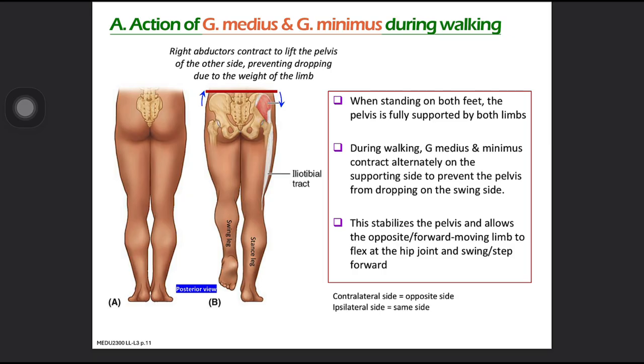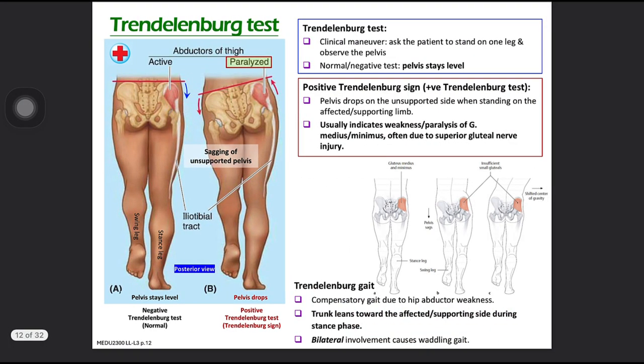Okay, this is important because, again, this is a normal one. When a normal person without any problems with the muscles or with the nerve supply, which is the superior gluteal nerve, this muscle is active, we'll pull on this side, and then we keep the pelvic level.